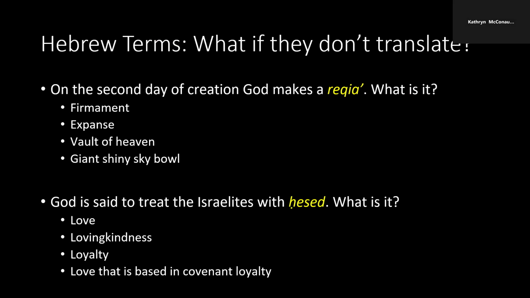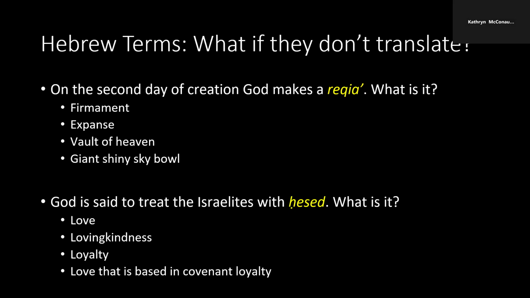They didn't really think it was metal, but metaphorically, that's kind of how they understood it. This is the sky bowl that fits over the world and keeps the waters of the heavens out. How do you translate that? What do you do with it? There have been a lot of weird translations of this, and it's really hard to know what to do. Do we just say the giant shiny sky bowl? I feel like there aren't many translations that would go for that.